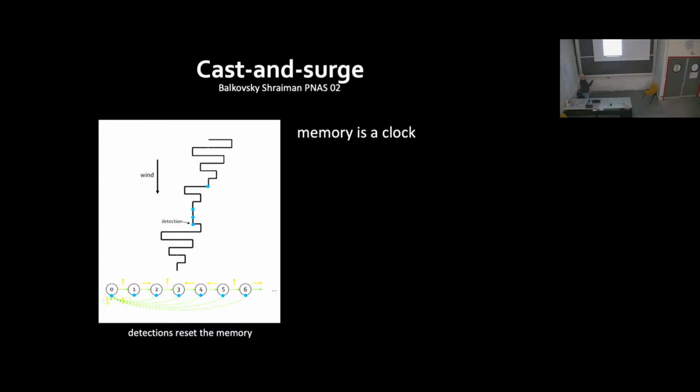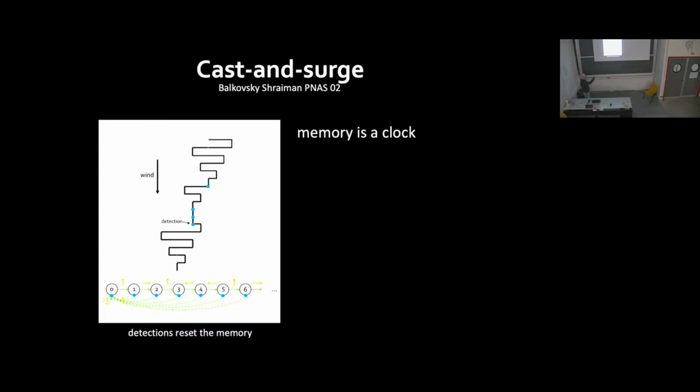Now, for this algorithm, the memory is made of all integers. Two things can happen: the detection or there is no detection. So the detections here are these circles here. So if there is no detection, what happens is that the memory transitions from 0 to 1.